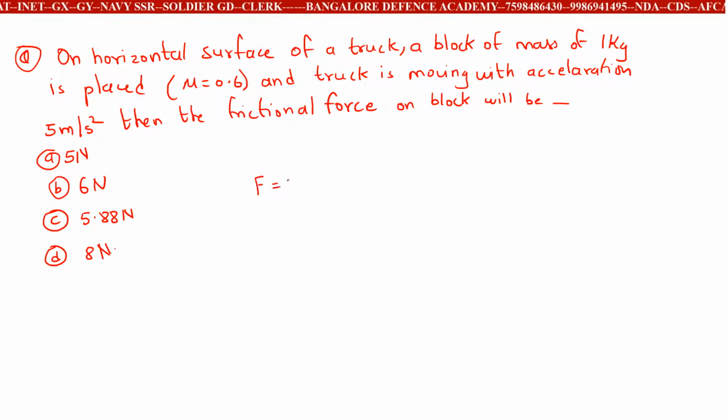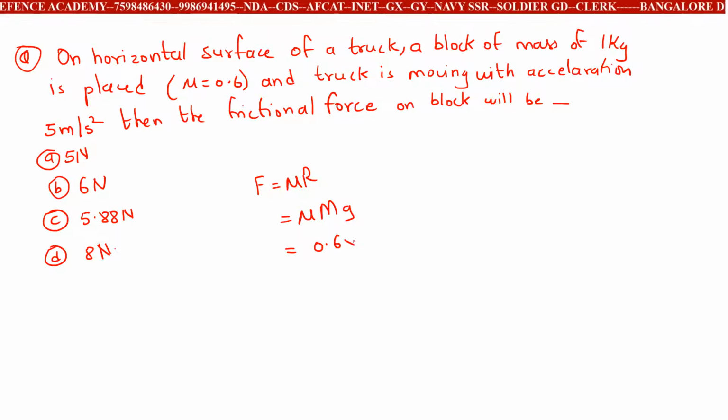You can use this formula. The reaction goes direct, very easy. 0.6 mu is given, mass is 1 kg, and here you can take G as 9.8, or you can take 10.